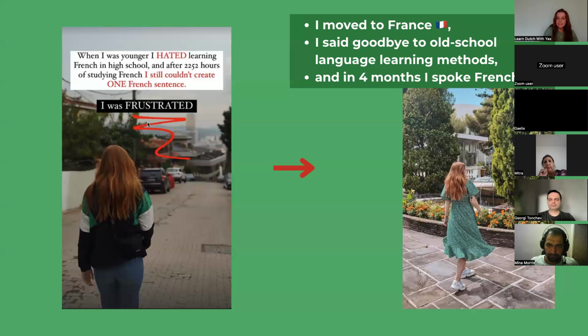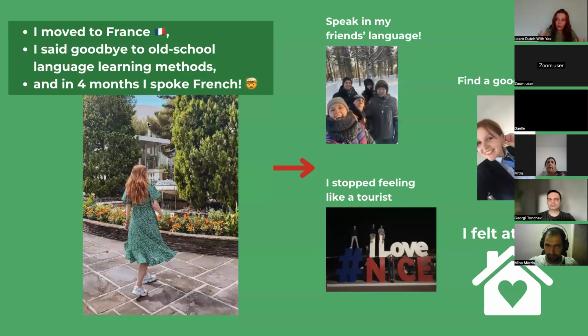The crazy thing is, after implementing new, different techniques, I was able to speak French in only 4 months. And I'm using this language right now. I also have French students that I teach Dutch, and it's a language that I use with ease. It gave me a lot of different opportunities that I didn't have before.